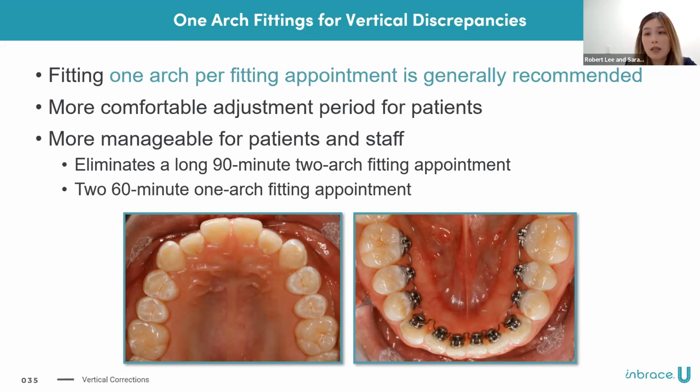So we generally recommend doing one arch fitting per appointment. It's generally a more comfortable adjustment period for the patients. It's also more manageable for the patients and the staff. So you essentially eliminate a 90-minute 2 arch fitting appointment, and you break it down into 2 60-minute 1 arch fitting appointments.